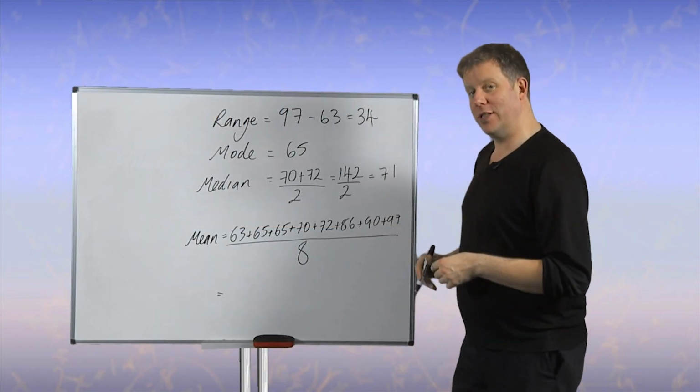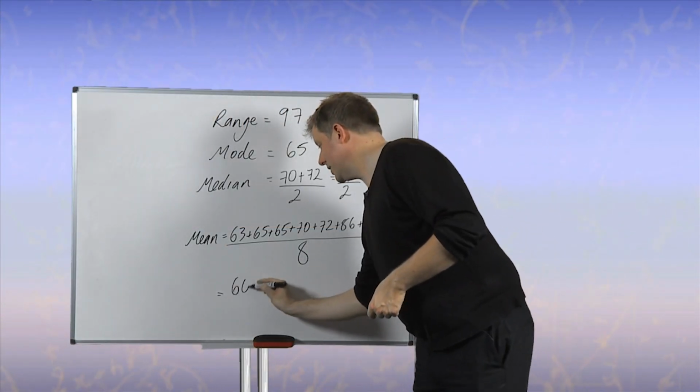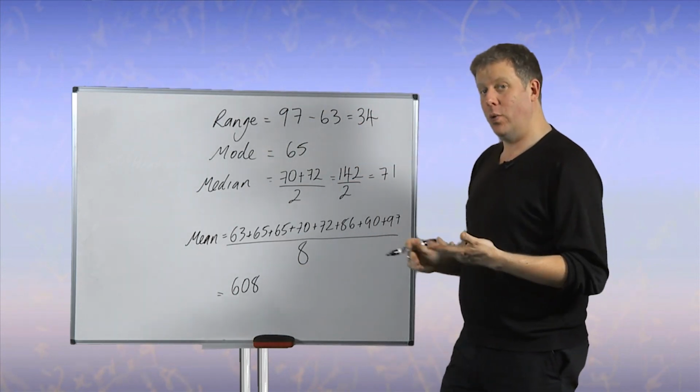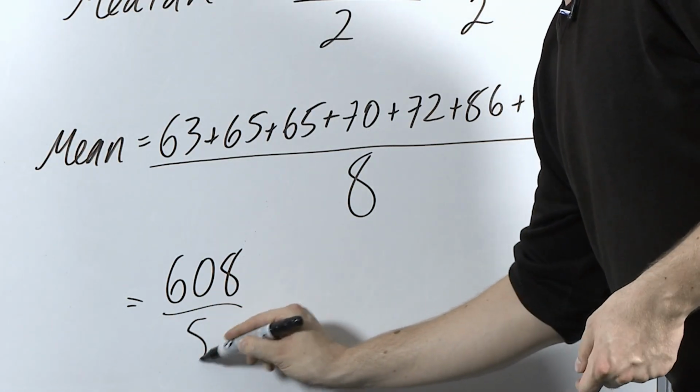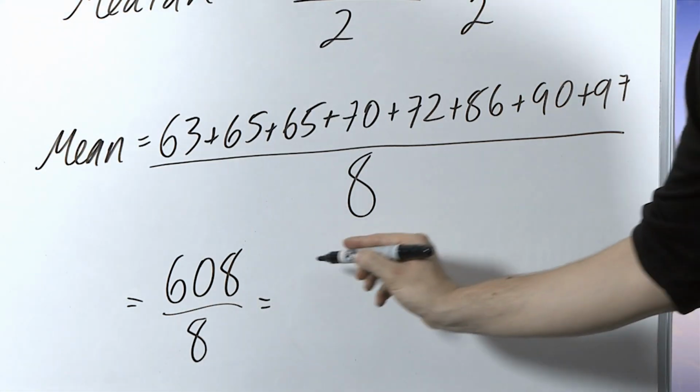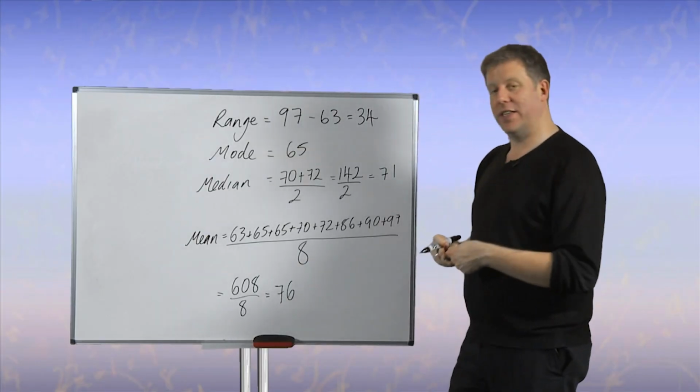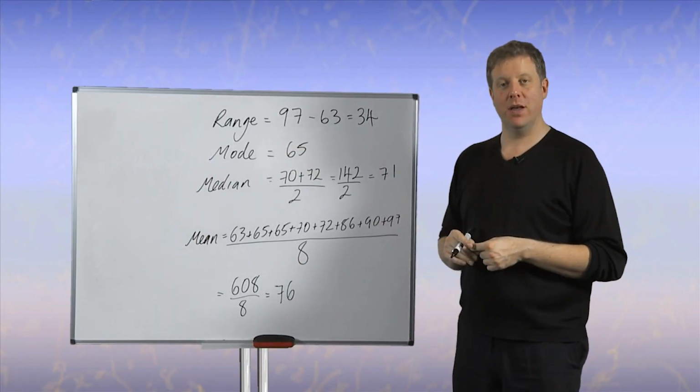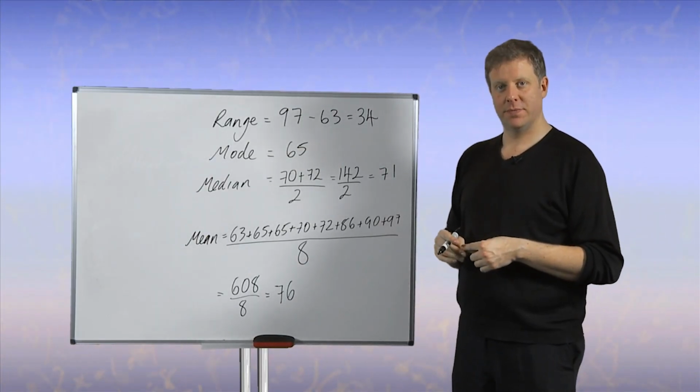Hopefully, when you added all those numbers together, you got 608, which when we divided by 8, gave us a final answer of 76. So our mean number is 76.